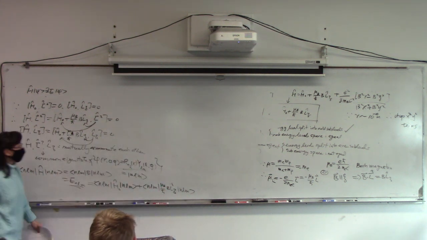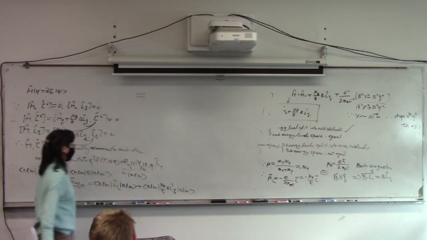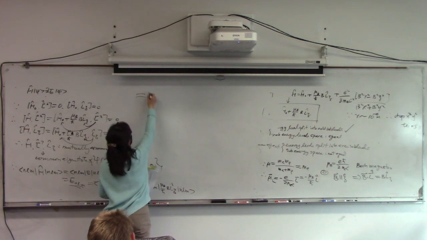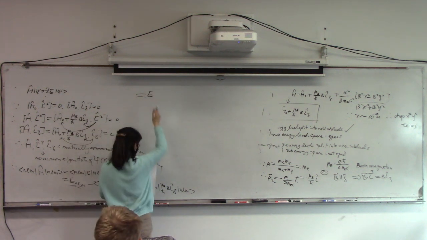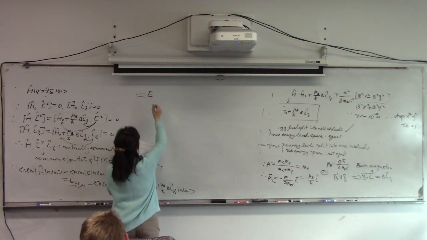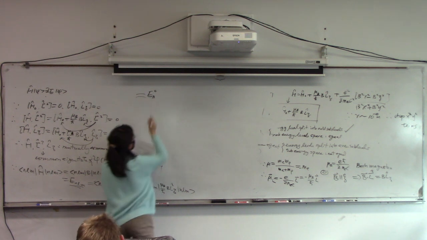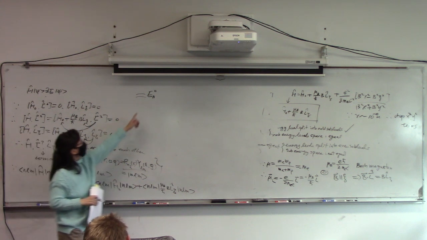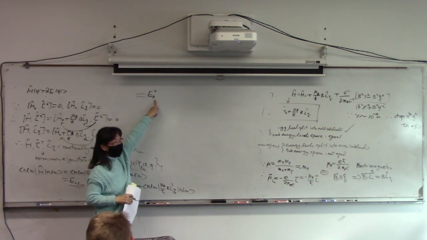And with this, Dirac notation is already enough. So this one we know is E naught, right? With the index I use here, I know this, the hydrogen atom without any field. So I'm going to use E naught with index n.